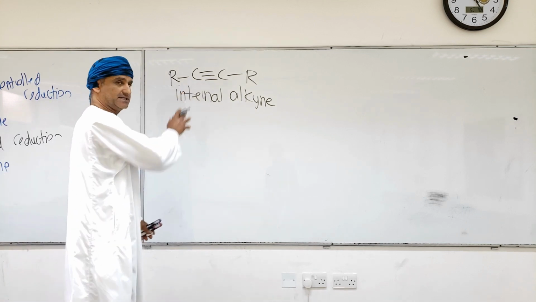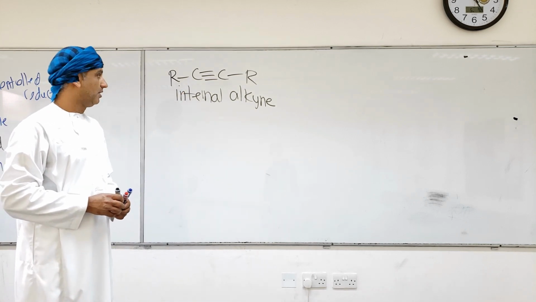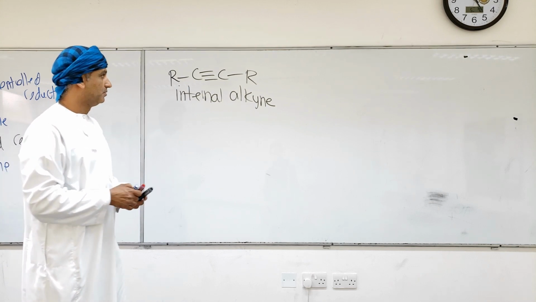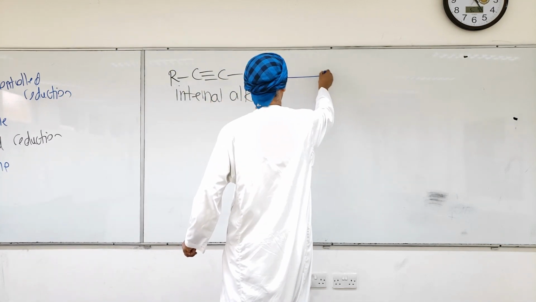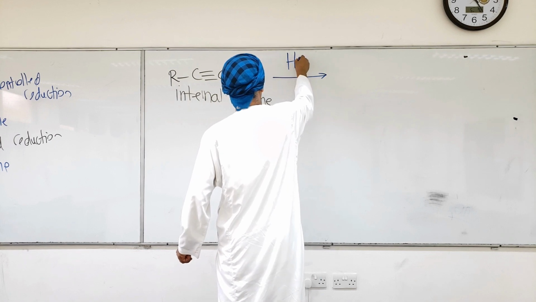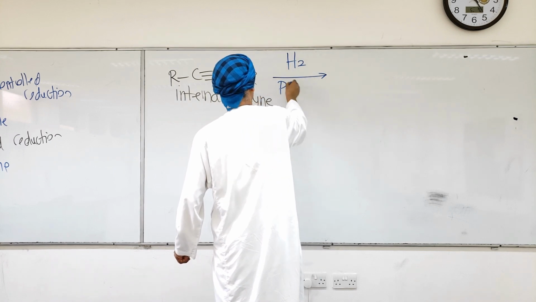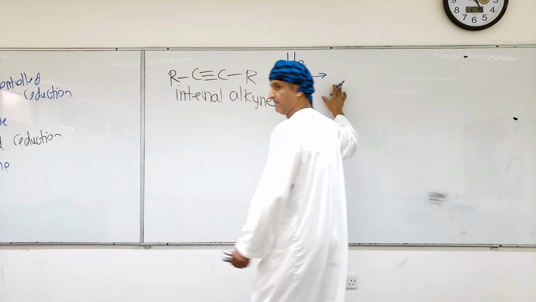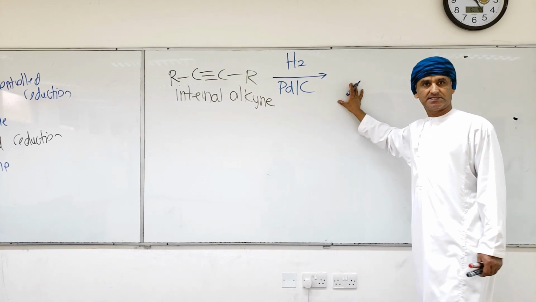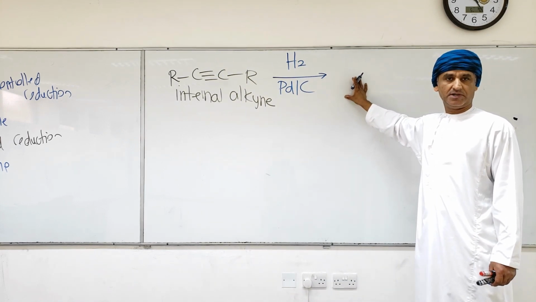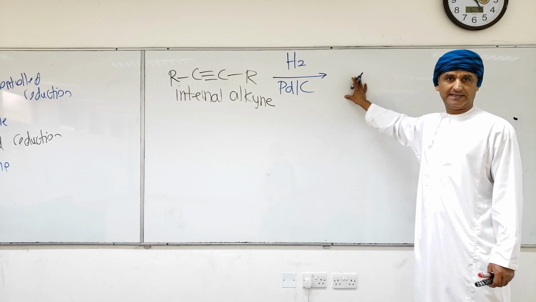So if we subject an internal alkyne of this general structure to the hydrogenation reaction conditions, so hydrogen in the presence of palladium on carbon, the reduction is expected to take place all the way to the corresponding alkane.